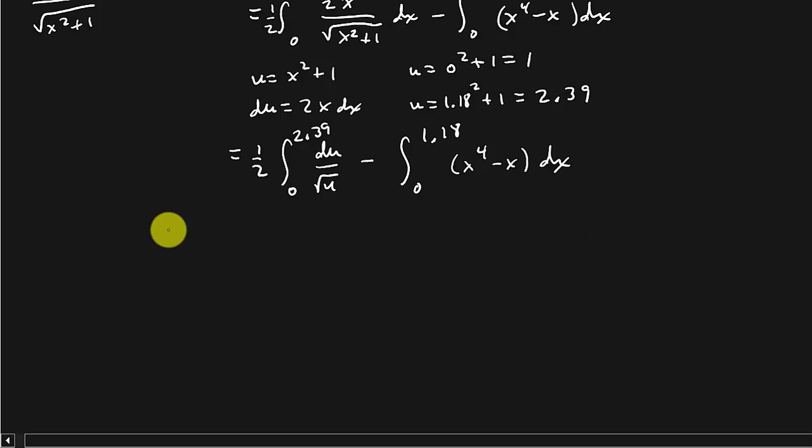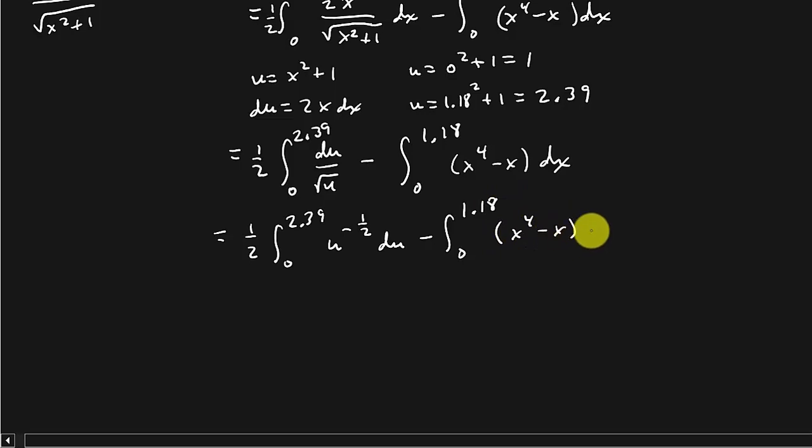Now we have 1/2, 0 to 2.39, u to the negative 1/2 du. Change the square root to a 1/2 power and move it up, minus, and then 0 to 1.18 times x to the 4th minus x dx.